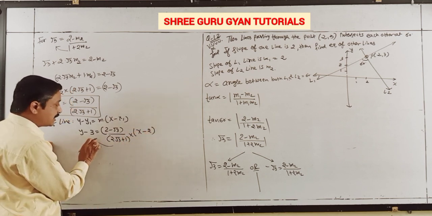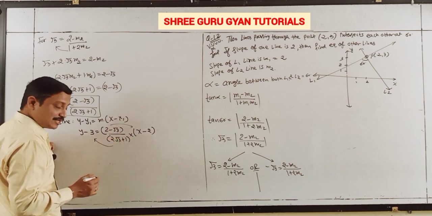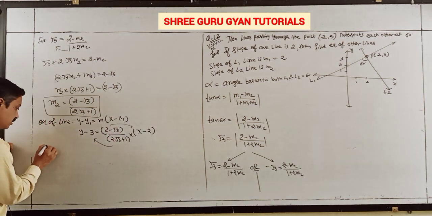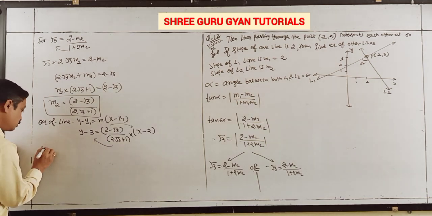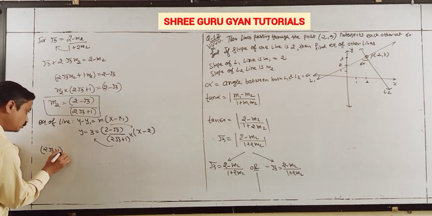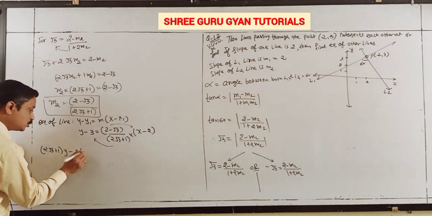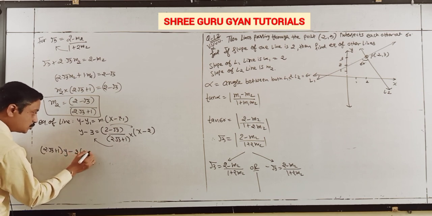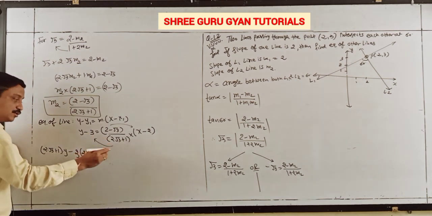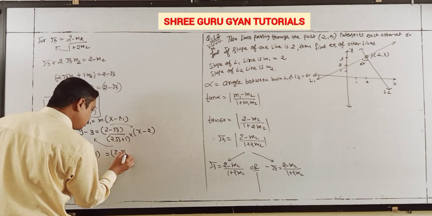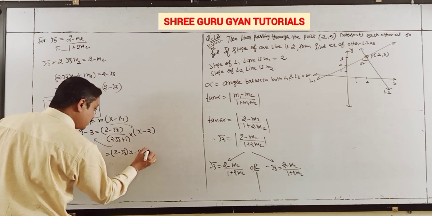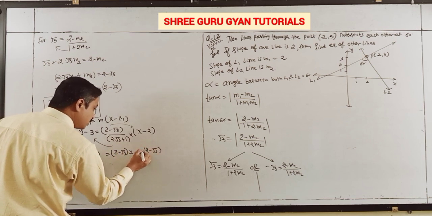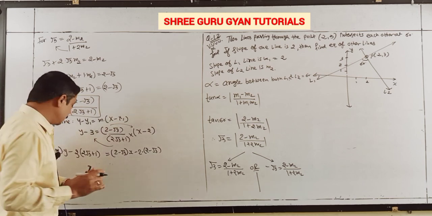Now you can multiply on it. So first I write down (2 root 3 plus 1) times (y minus 3), and here also the same, (2 minus root 3) times (x minus 2), and now you can create your solutions.